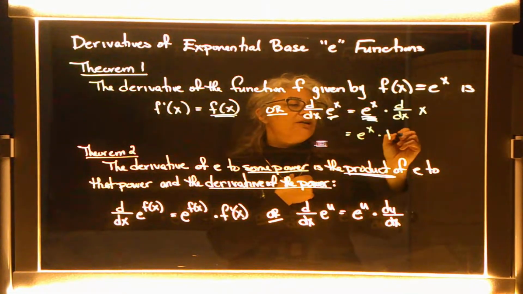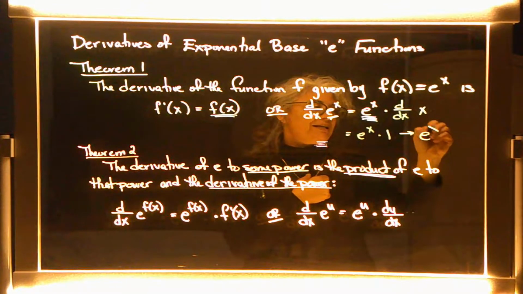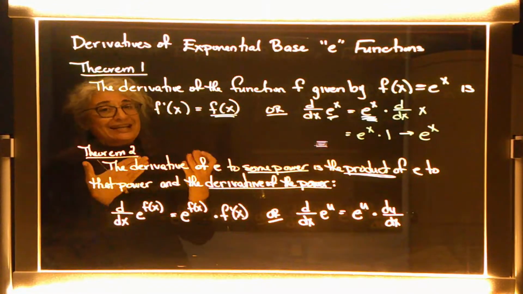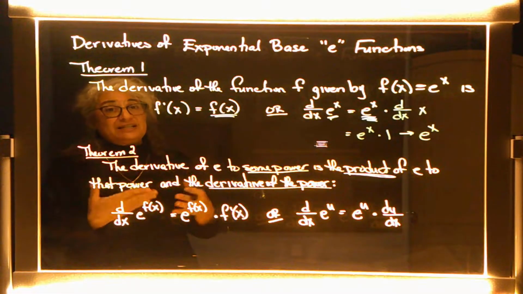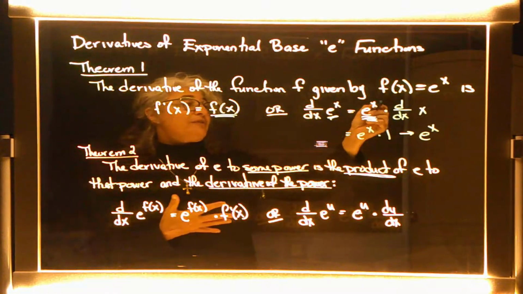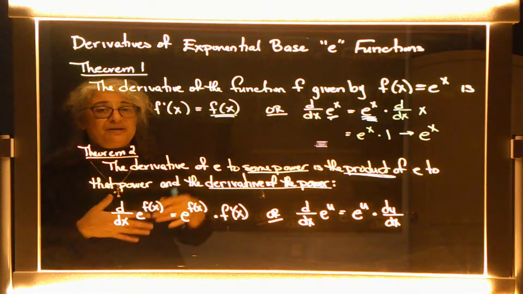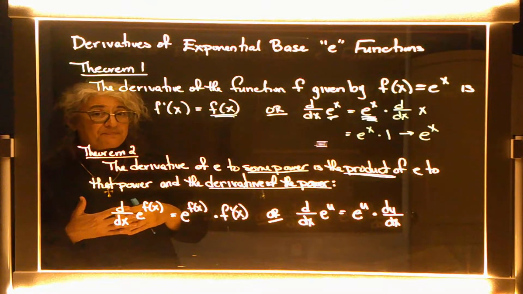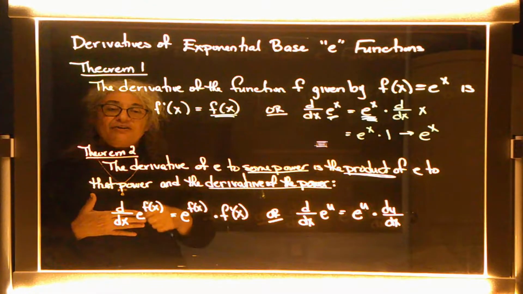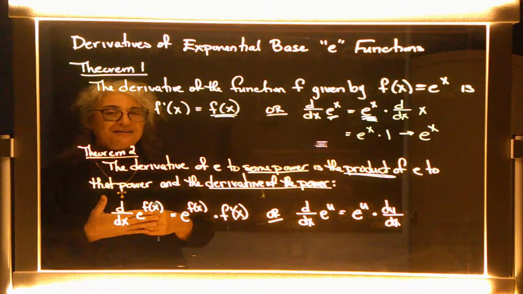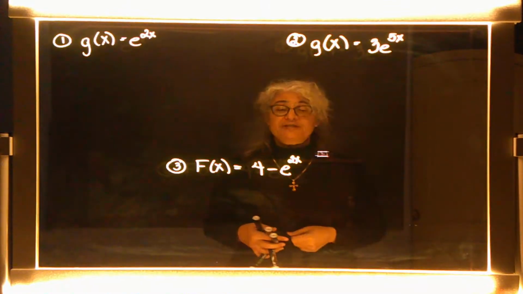Yeah, just 1, which is why we just get e to the x, which is why the first theorem is written as it is. The derivative of e to the x is just e to the x. Because if you take the derivative of the power x, you're just going to get a 1 there, so it's not really changing anything. With me? Okay, so hang in there. I got some examples for us so we can apply our theorems. Be right back. So let's look at the first example.